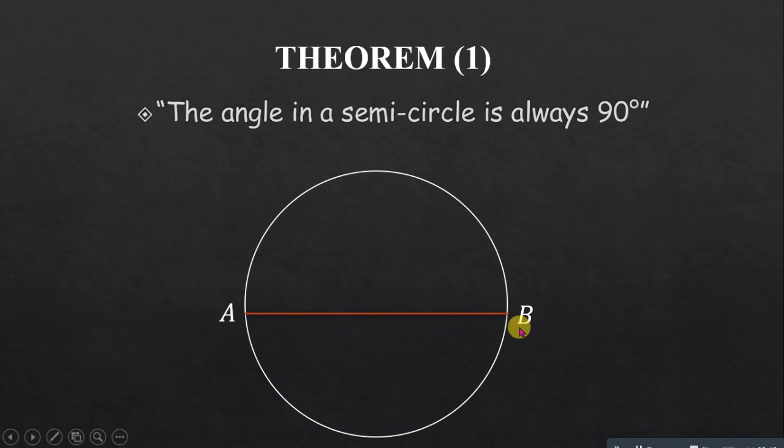So this line AB is the diameter and the center is here. Now this angle subtended from the diameter forms 90 degrees. Now from the angles theorem, if here is X and here is Y, it means that if here is 90 degrees, then this plus this will also give you 90 degrees, because the sum of angles in a triangle gives you 180 degrees.